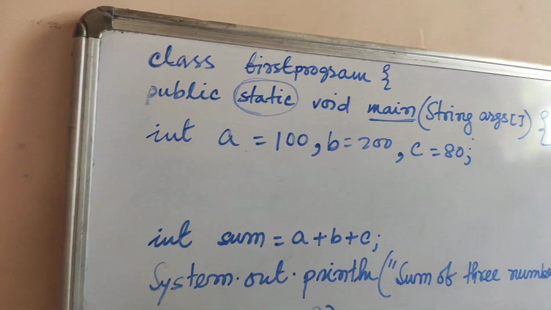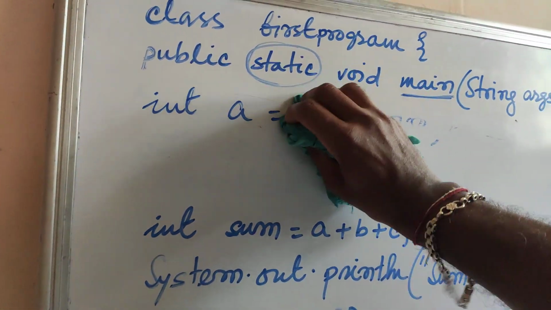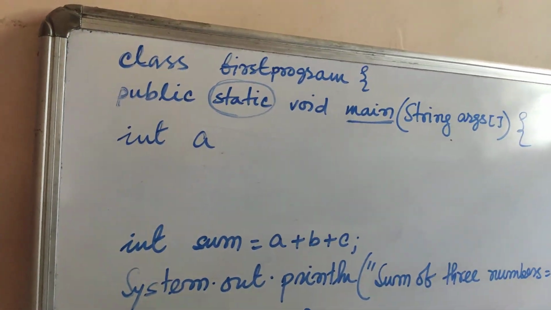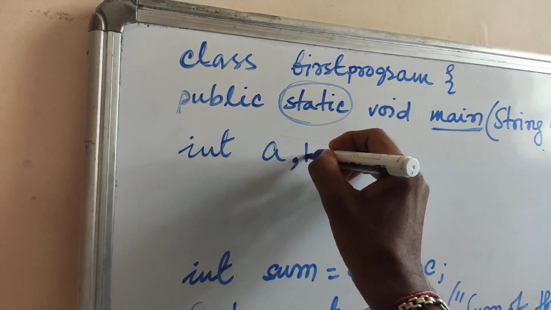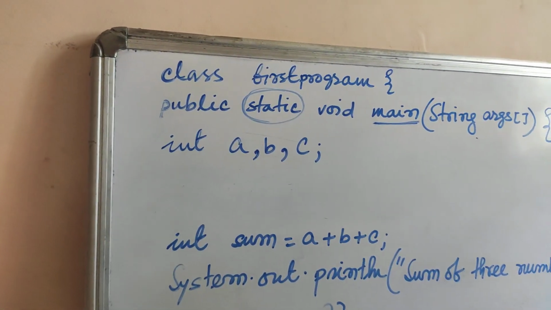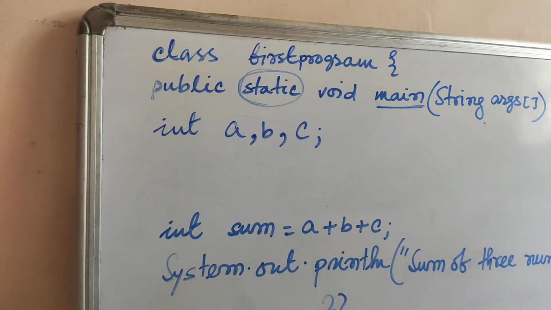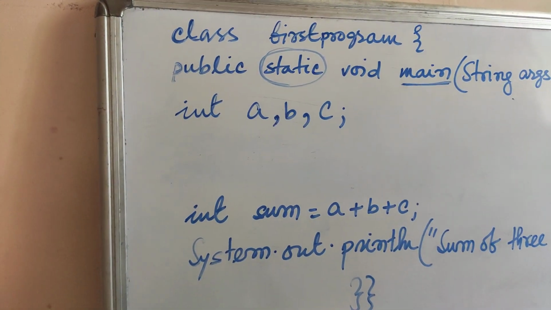Okay, so this way also you can write. First you declare the variable. How to declare? int a, b, c. This is called declaring a variable. a, b, c, all these are integer variables.